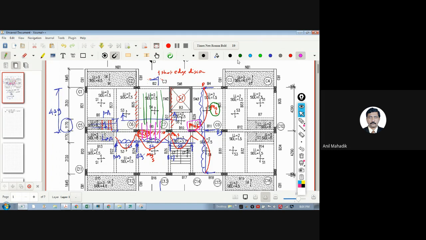And for shorter span, let's say this is your bottom steel, which is for this moment. And there is a negative moment also along the shorter span. So I will provide negative moment steel like this. I'm just drawing it dotted over the support. Detailing we have already seen yesterday.